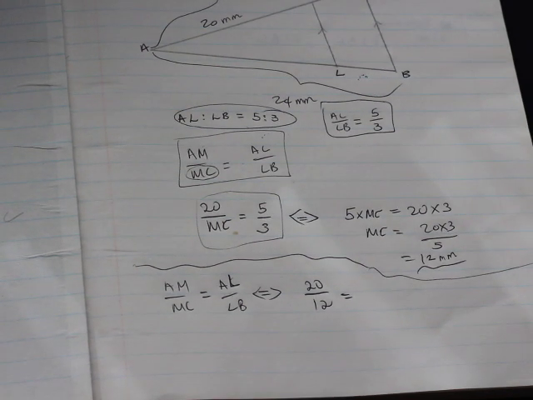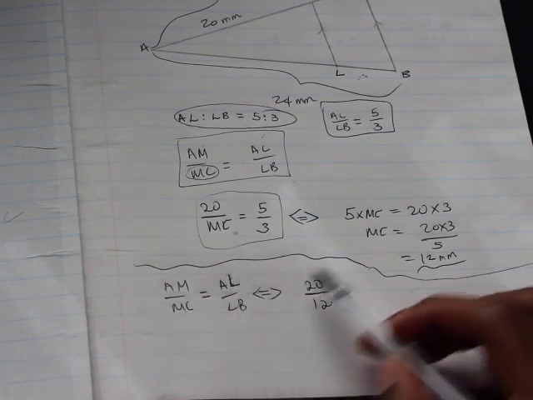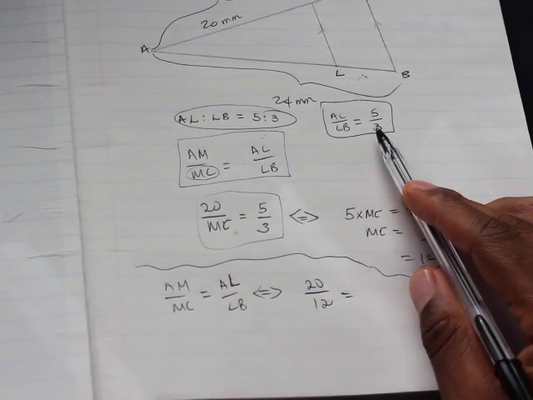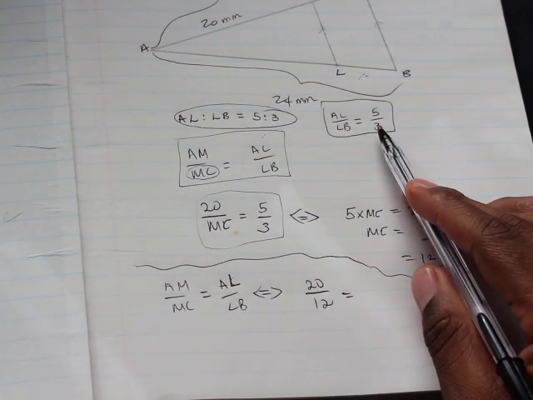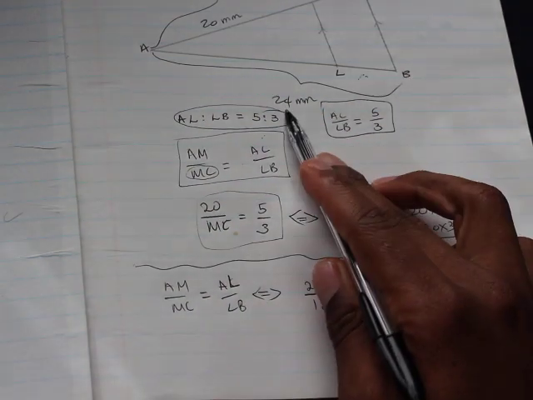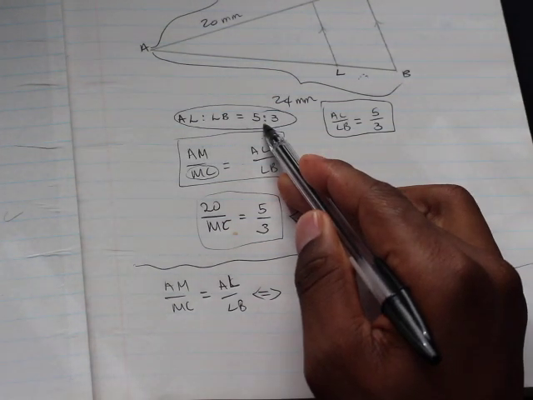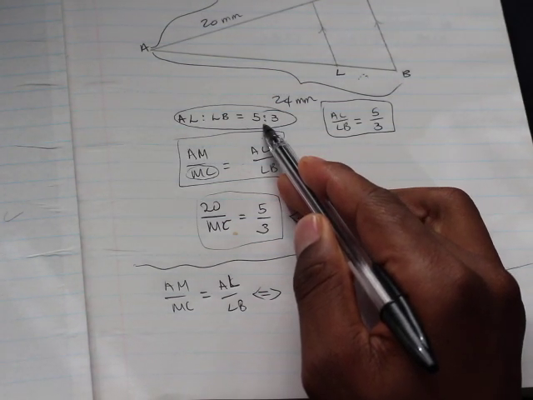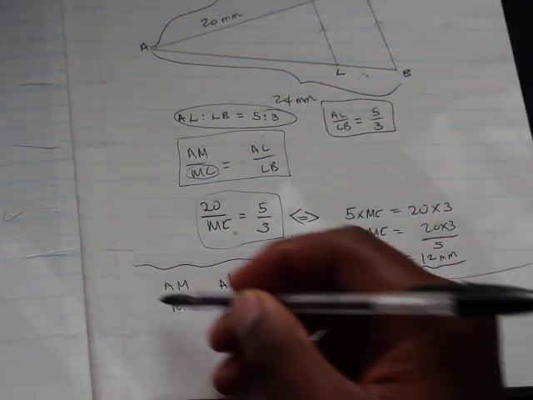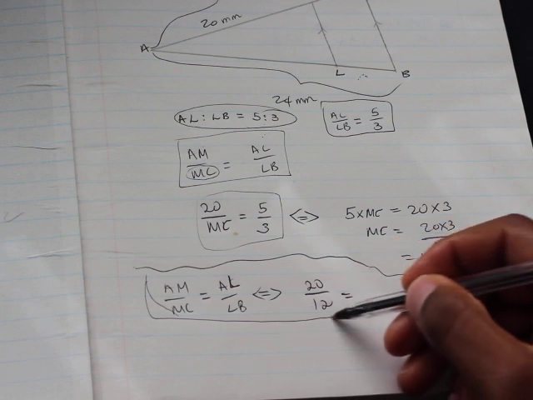We actually don't have any of the lengths, but I think this is not necessary. As long as we know that the whole of AB is 24, we can use this ratio to split it according to 5:3. So let's leave this one out for now and see what happens.